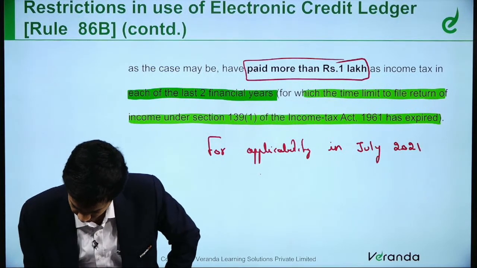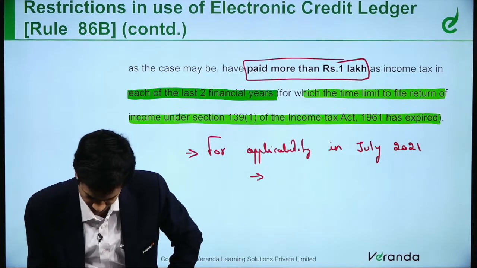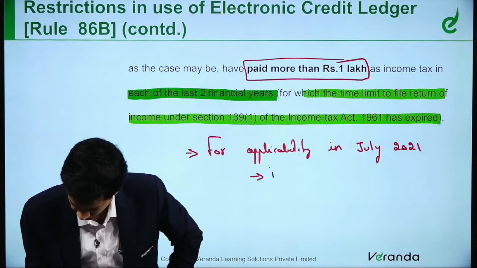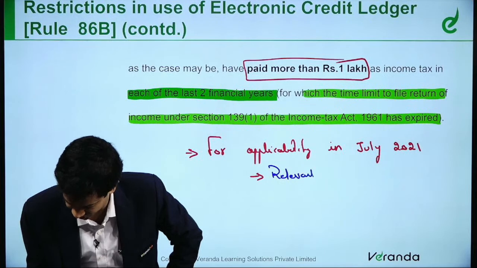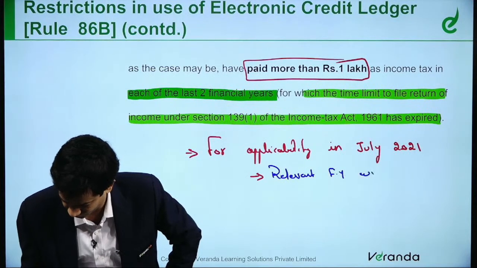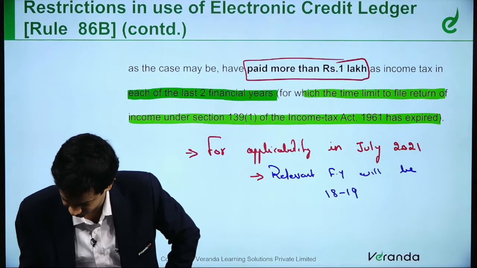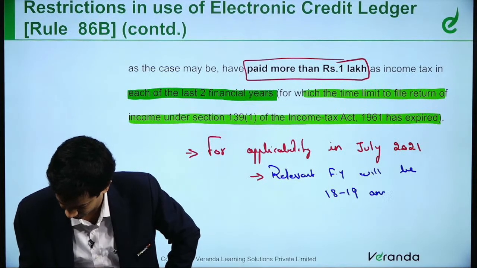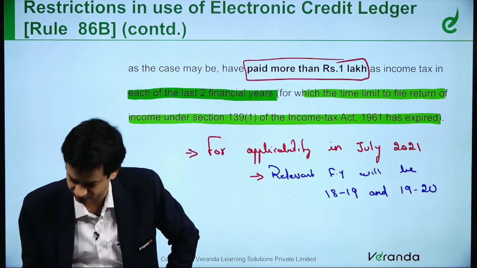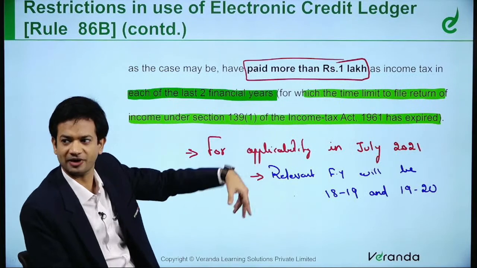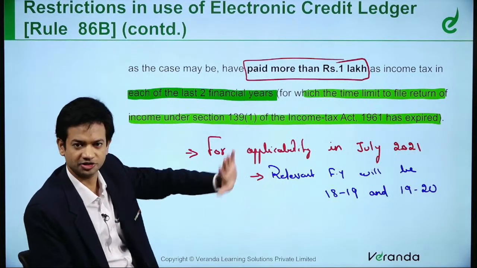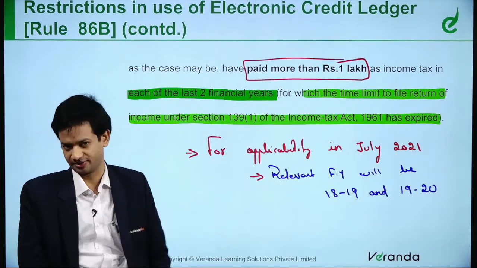So the relevant financial years will be 1819 and 1920. Why? Because 1819 is expired, 1920 is expired, 2021 is still not expired.